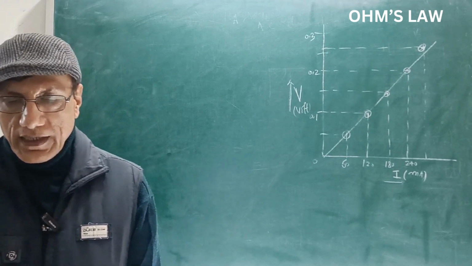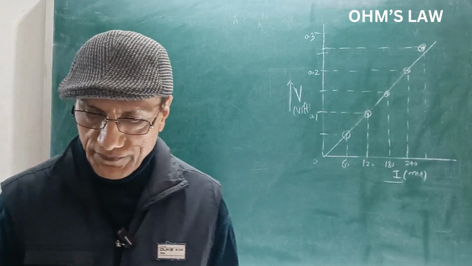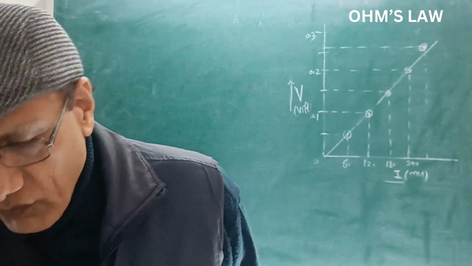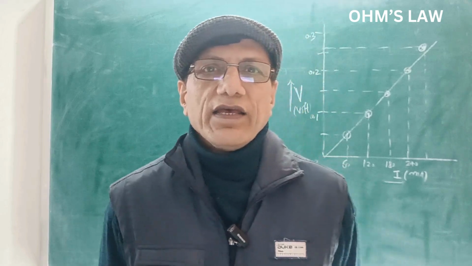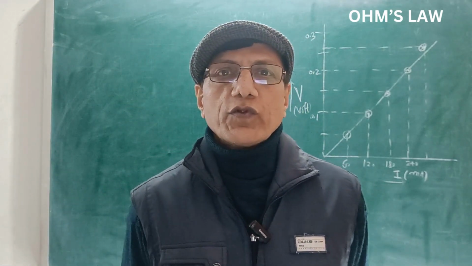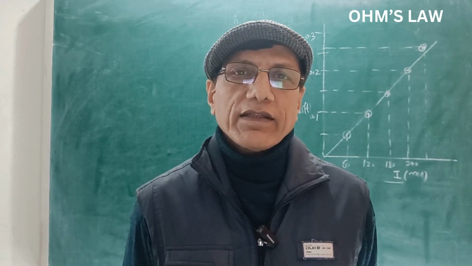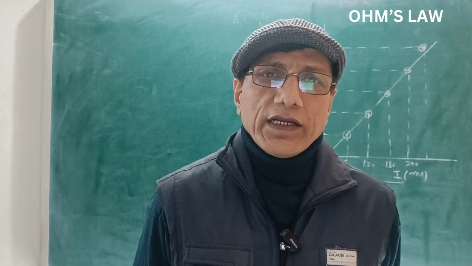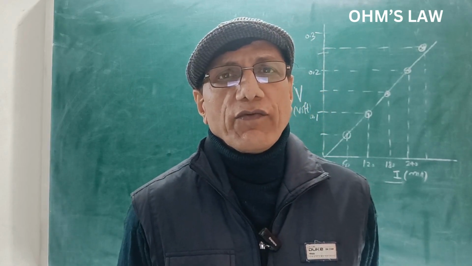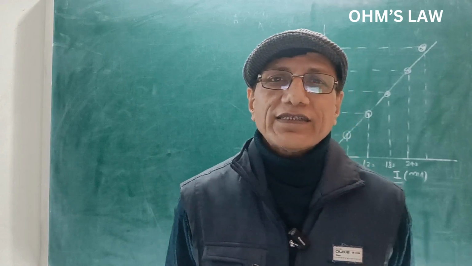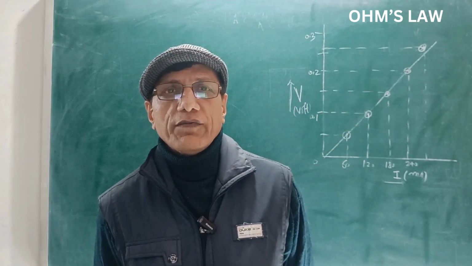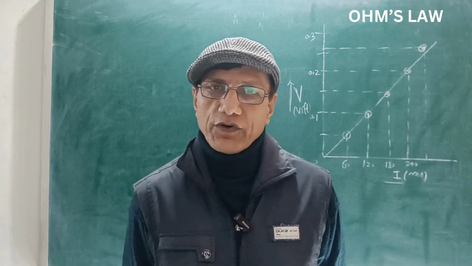So here the limitations of Ohm's law are: first, Ohm's law is applicable for conductors, and it is applicable only when the physical conditions like temperature of the conductor are kept constant.